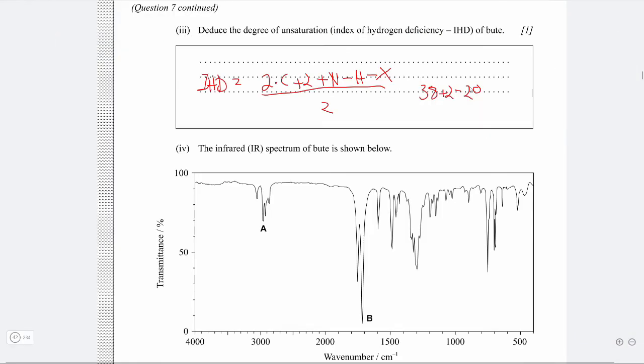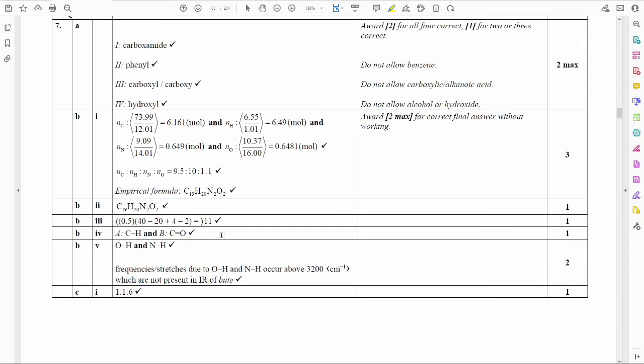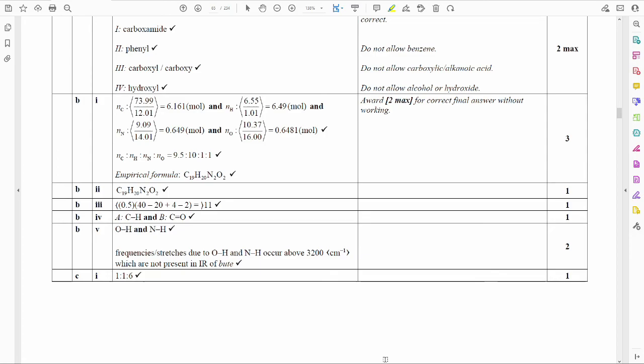Yeah, 20 plus 2, that divided by 2, so this is 40. Oh, no, of course not. So 40 minus 22, divided by 2, 11. I think that should be the answer. Yeah, 11. Great.